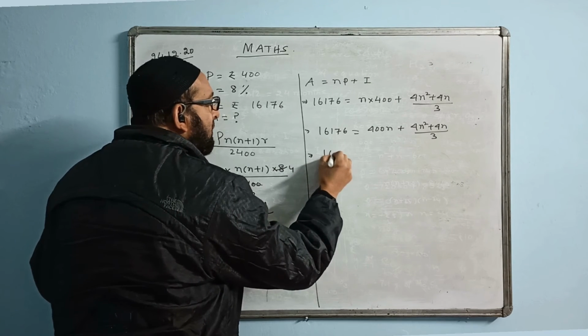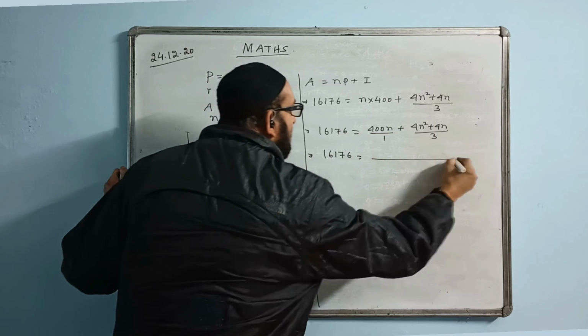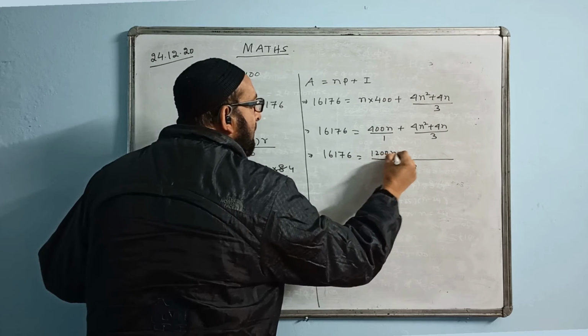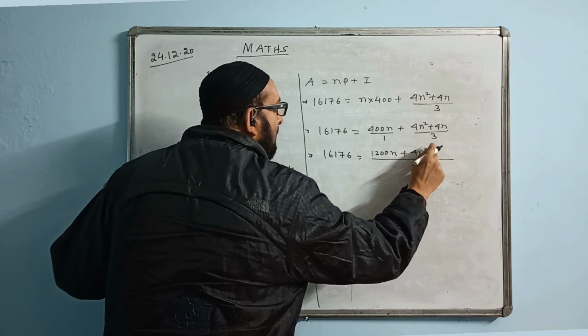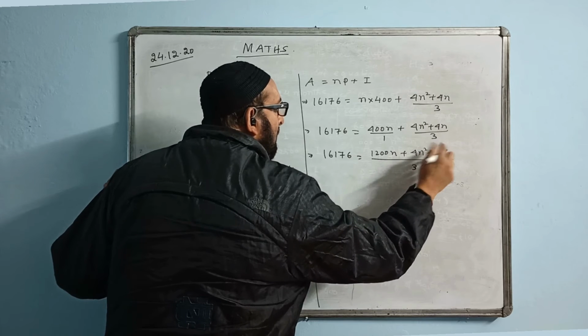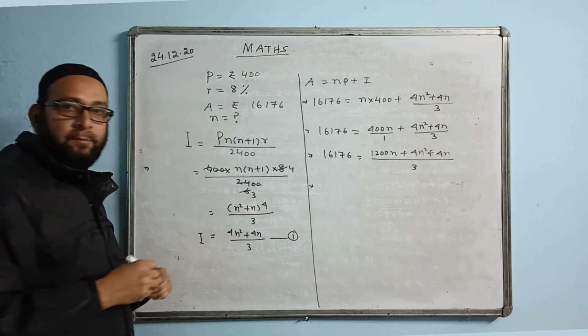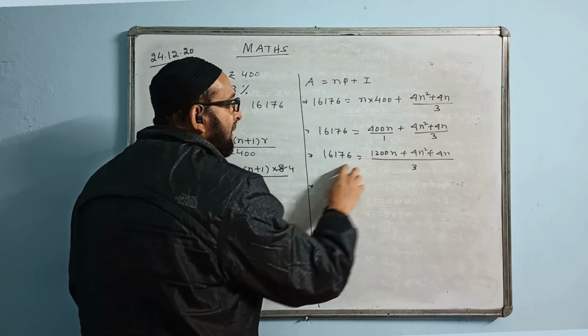Here we will add 400n, and 16176 has 1 there, so we take LCM 3. 3 will multiply here, this becomes 1200n, and 1 will multiply here, this becomes 4n square plus 4n. Now we will do cross multiplication.